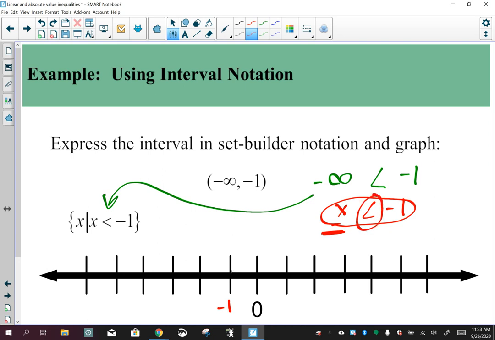So I can put an open dot right here at negative 1, and then I can shoot off into negative infinity. And if you notice that this arrowhead here matches my less than sign here, they're going in the same direction. And so therefore, you know that you've done it correctly if you keep your variable on the left-hand side. All right.